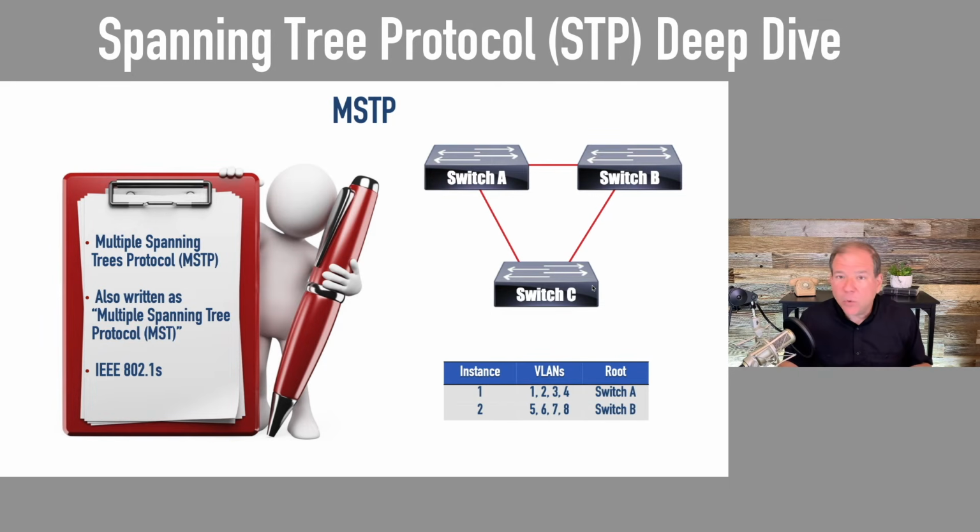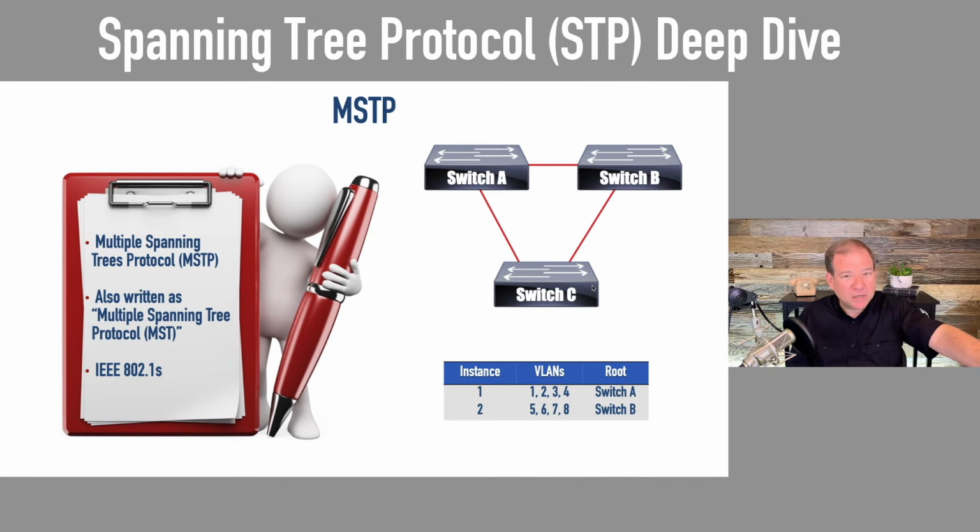It's the best of both worlds. We're minimizing the number of spanning tree instances that we're running in order to give every VLAN an optimal tree. That's a great solution. And for years, I would tell my students, this is how I would do it.